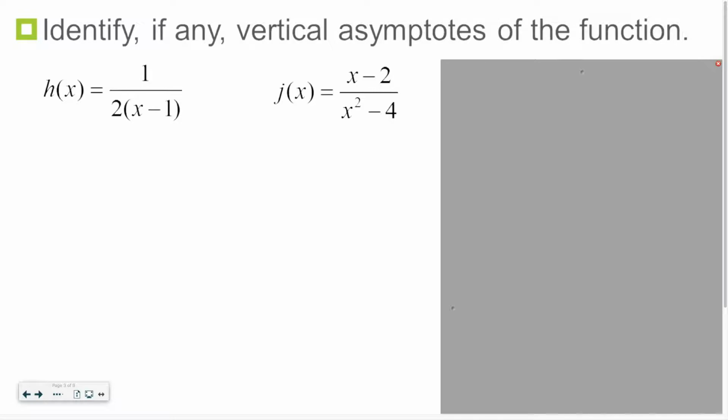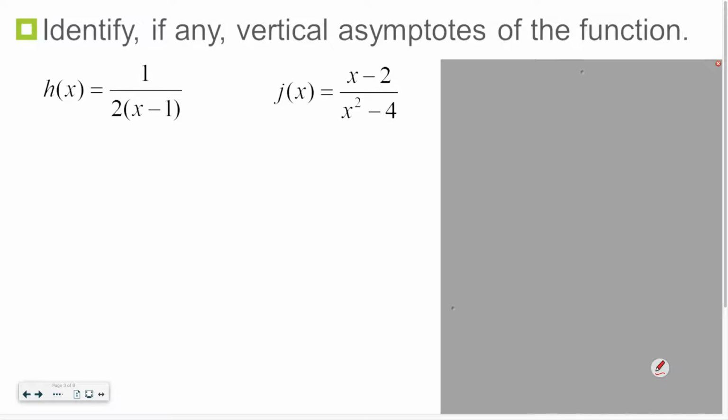This one you're gonna have a hole, but you're also gonna have an asymptote, right? Raise your hand if you need more time. Thank you.